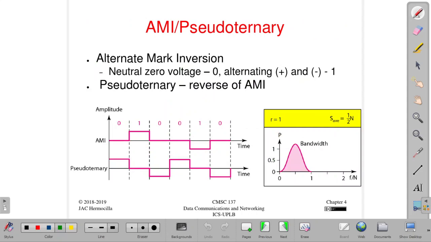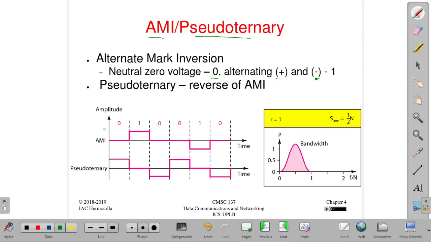Then the next one is AMI and pseudo-ternary. AMI means alternate mark inversion, wherein the neutral or zero voltage is 0 and ones can be represented by positive or negative voltage. So let's take a look at an example.